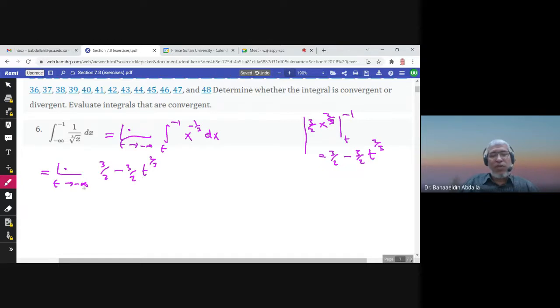If we replace t by negative infinity, then negative infinity to the power 2 would be infinity. Cube root of infinity is infinity. So this is negative 3 over 2 times infinity. It's negative because we have infinity from here, with a negative sign.